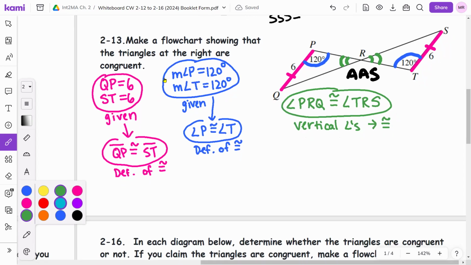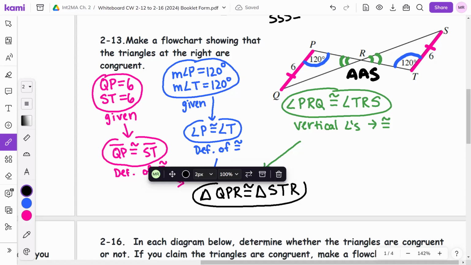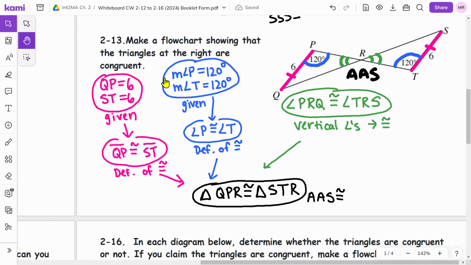So now I can say that this and this and this are leading to the statement that triangle, I'm going to do the first one, I'm going to call it QPR, QPR is congruent to triangle, and since I said Q first, Q corresponds with S, P corresponds with T, and then R. And the reason for this was angle, side, angle congruence.